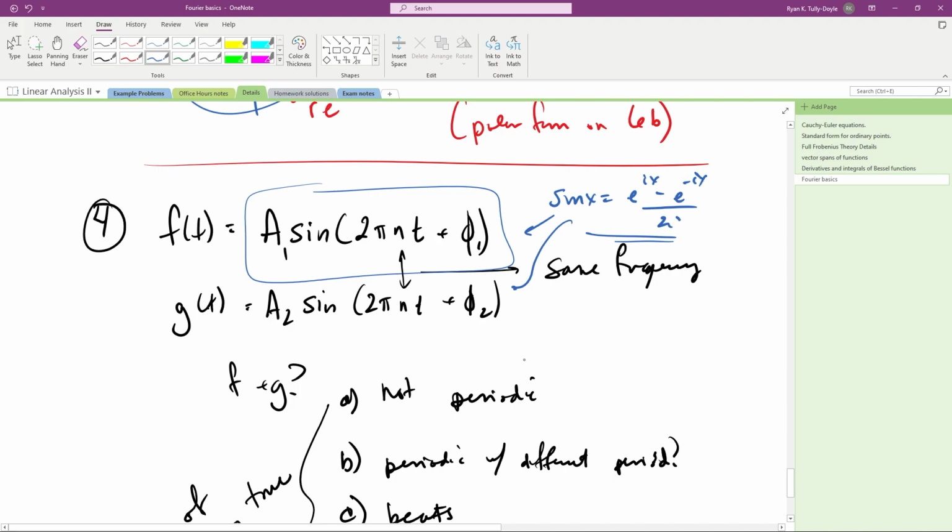And I want to know, when you're all done with it, do the e to the ix terms have the same frequency as the sine functions that you started with? Does this form have e to the i 2 pi n t in it?